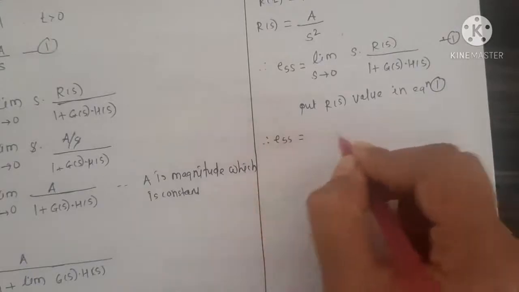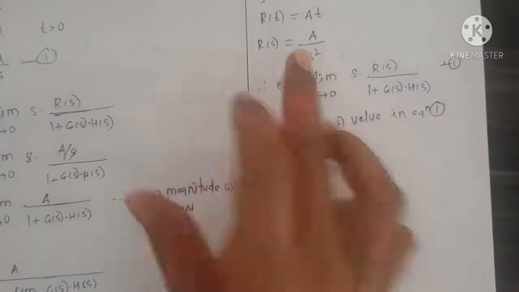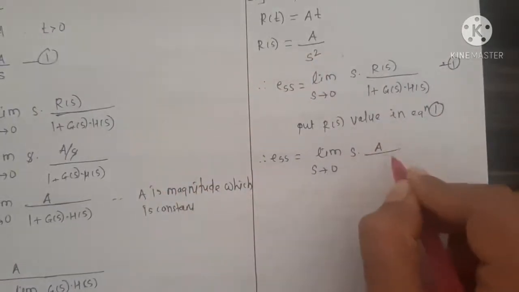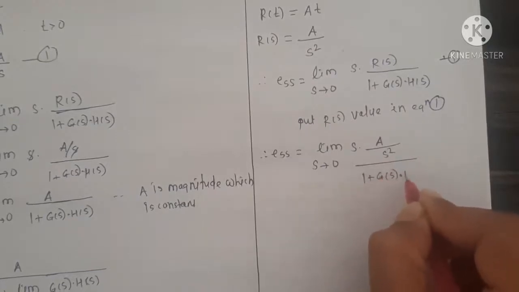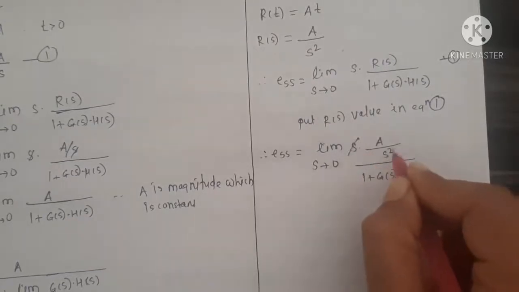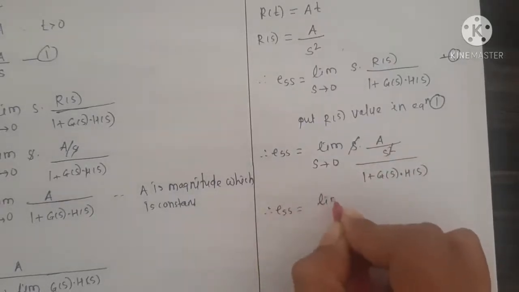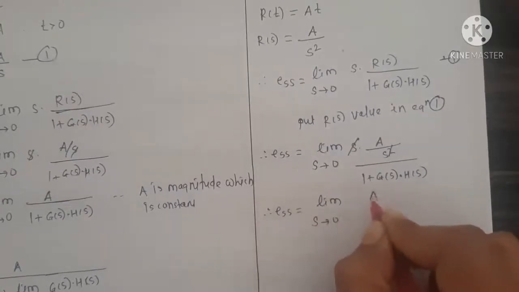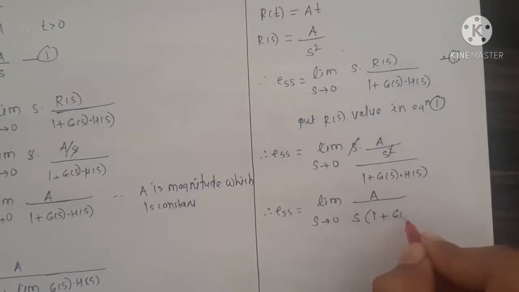Therefore E of s is equal to limit s tends to 0, s into A upon s square, upon 1 plus G of s into H of s. So the s and one s get cancelled. So E of s is equal to limit s tends to 0, A upon s times 1 plus G of s into H of s, where s comes to the denominator.